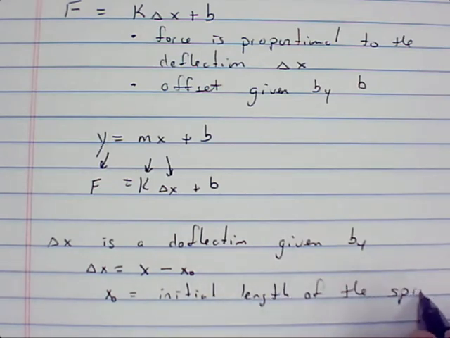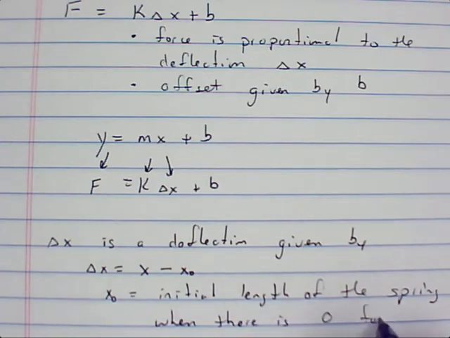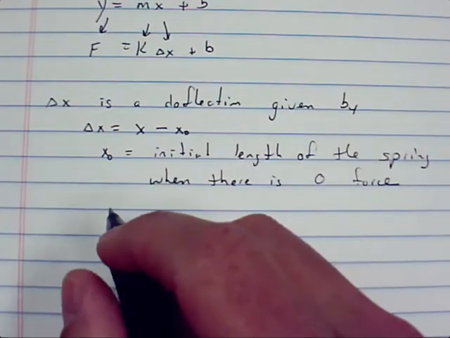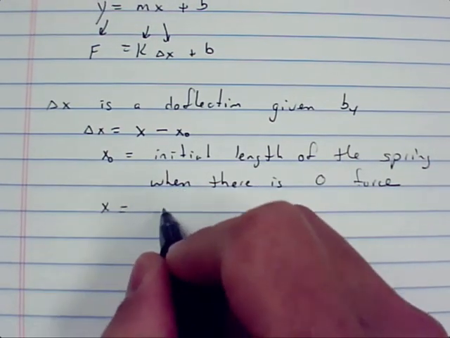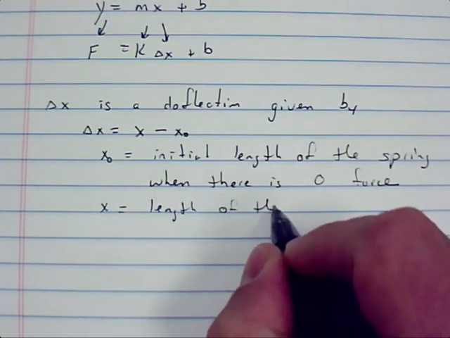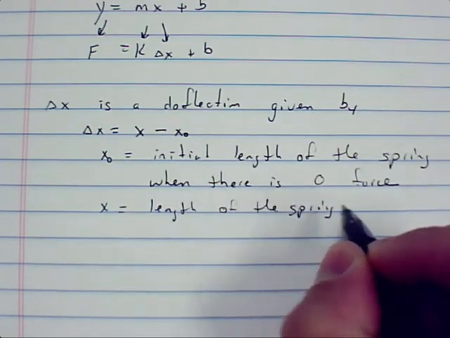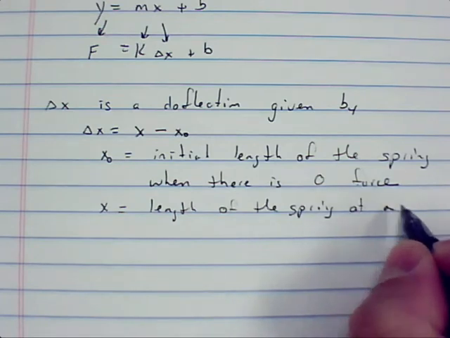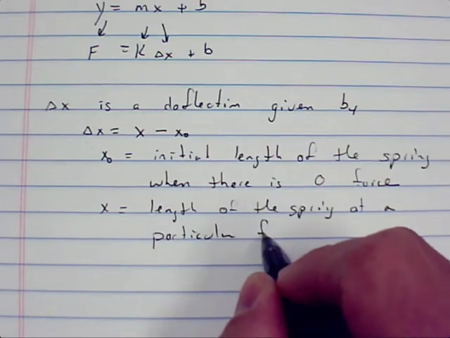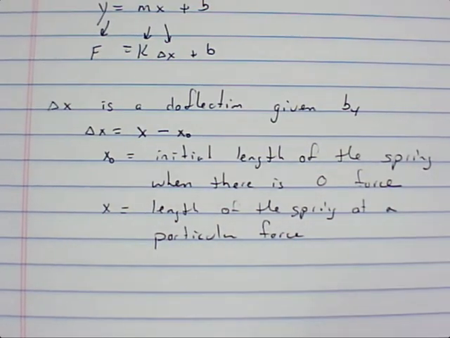It's the initial length of the spring when there is zero force. X equals the length of the spring at a particular force.